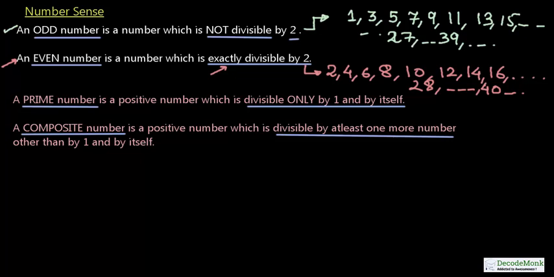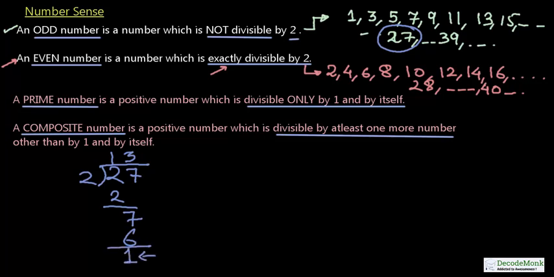Suppose you take an example, say 27, and if you divide 27 by 2, 2 ones are 2, 2 threes are 6. You will get 1 as the remainder. So as you are getting a remainder, 27 is an odd number.